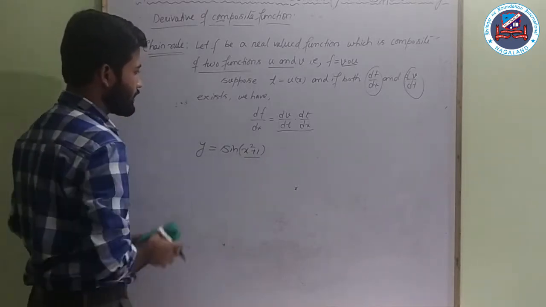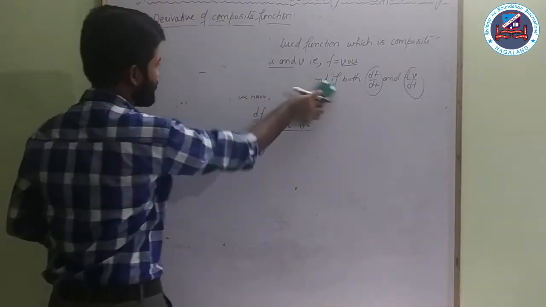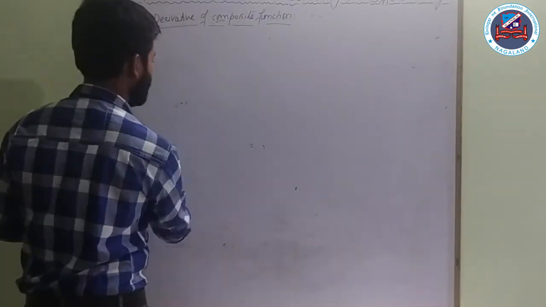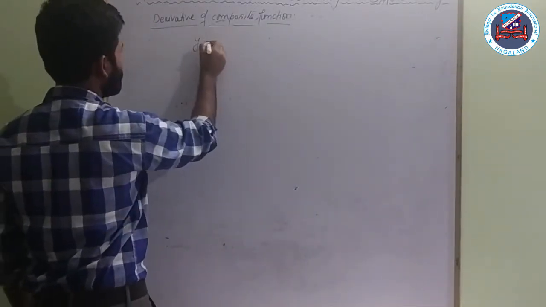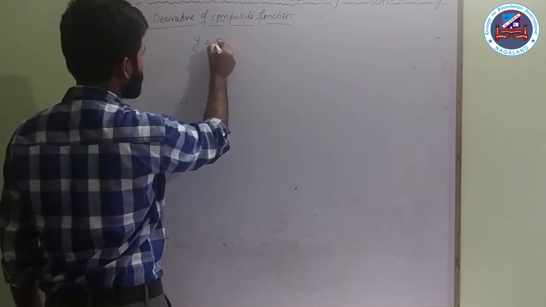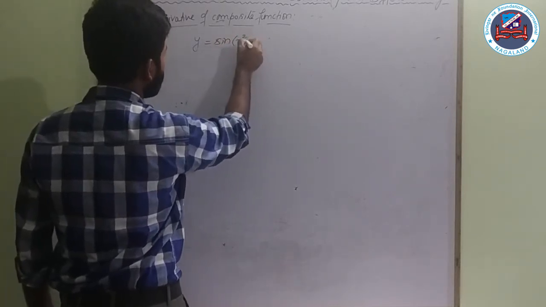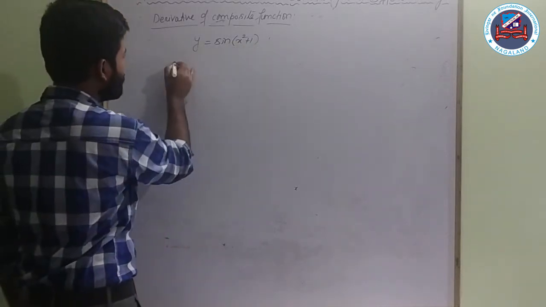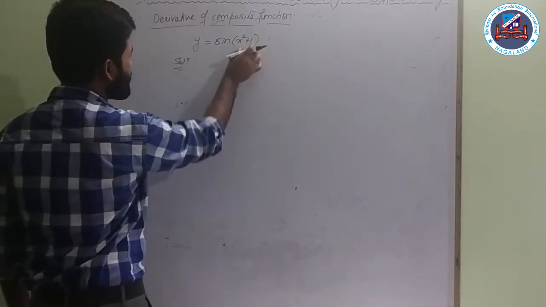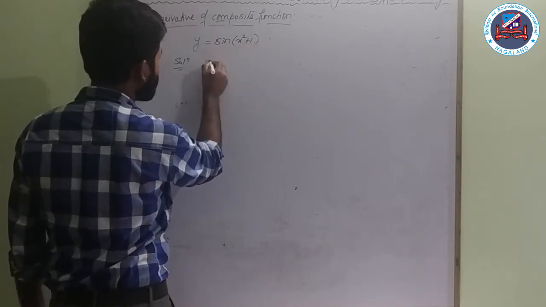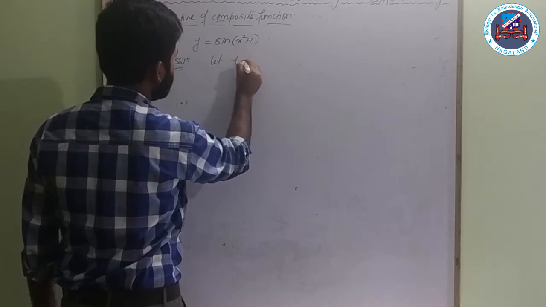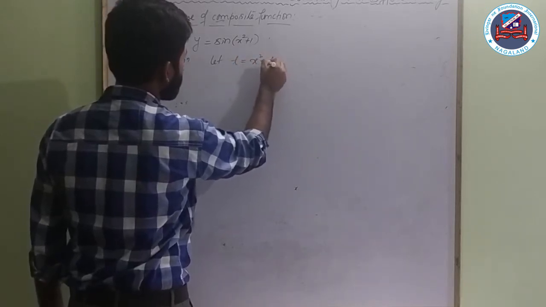So in such a case, our function is y is equal to sine of x squared plus 1. We need to consider this as t, the second function, that is, let t is equal to x squared plus 1.